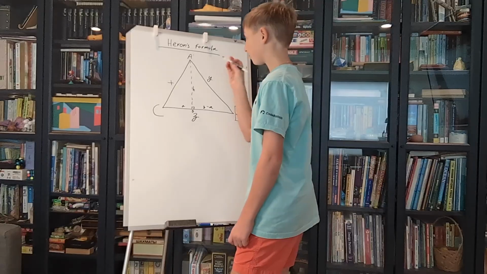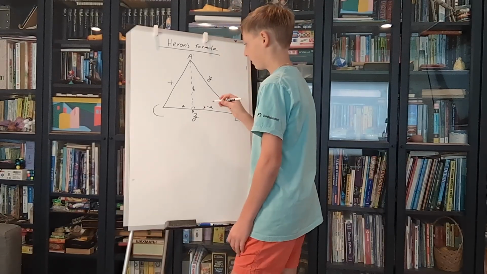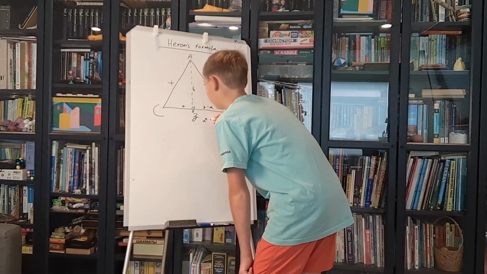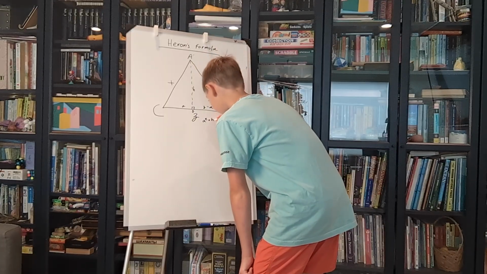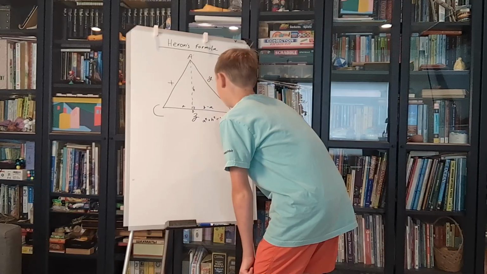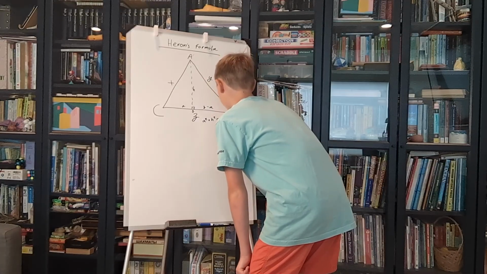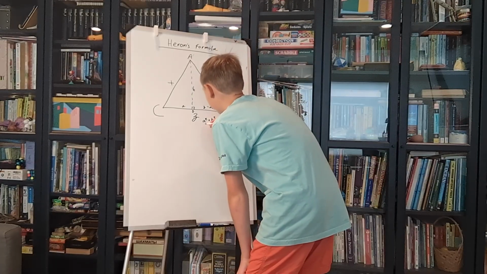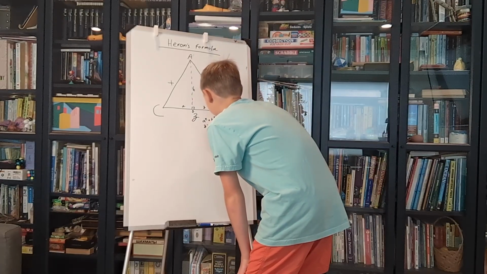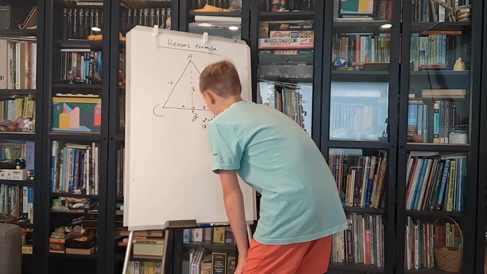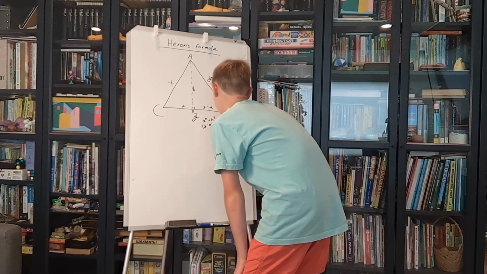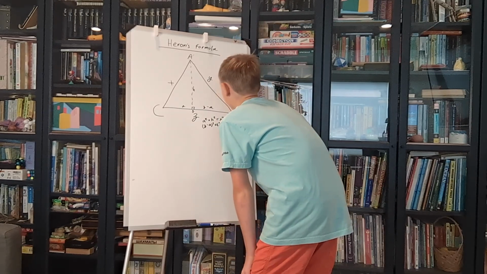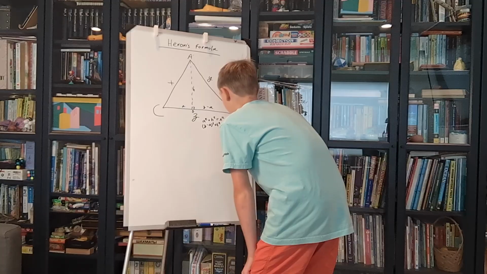And then we get that using Pythagorean theorem, A squared plus H squared is equal to X squared. Then we have Z minus A squared plus H squared equals Y squared.